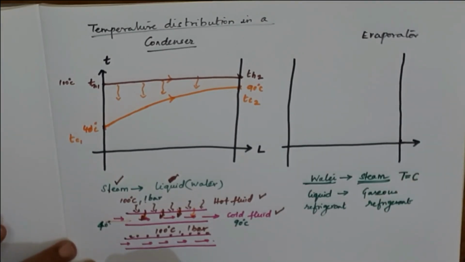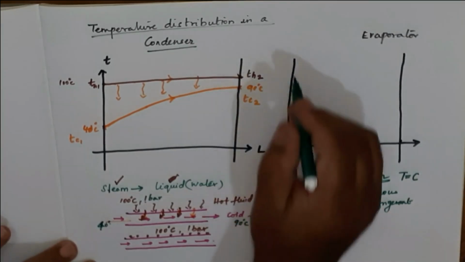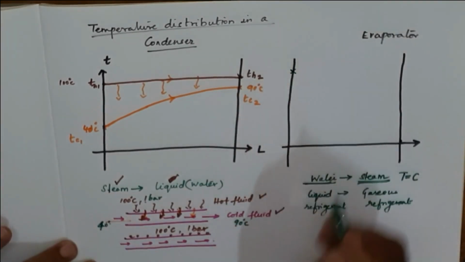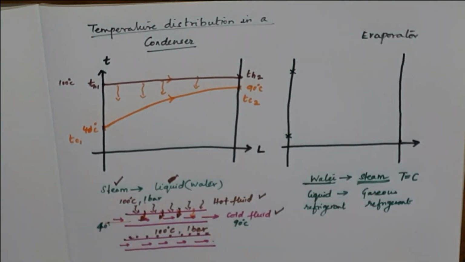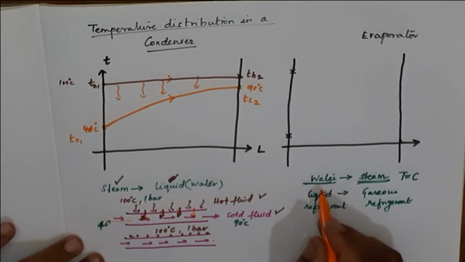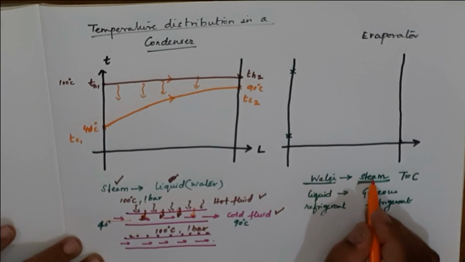So now you can see that in an evaporator you have a hot fluid and a cold fluid. Which is the cold fluid here? The water that is going to convert into steam.